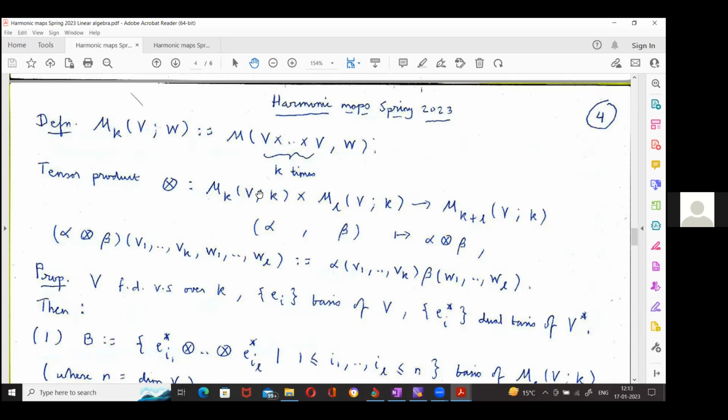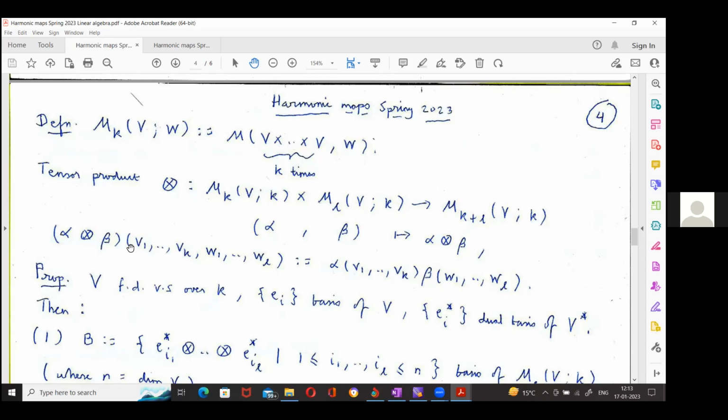Okay, so if I look at the set of multilinear functions, then we can define a binary operation on multilinear functions in the following way. If I have a k-multilinear function and an l-multilinear function, say alpha and beta, then I can define a (k+l)-multilinear function, alpha tensor beta. So how is it defined? It's very simple.